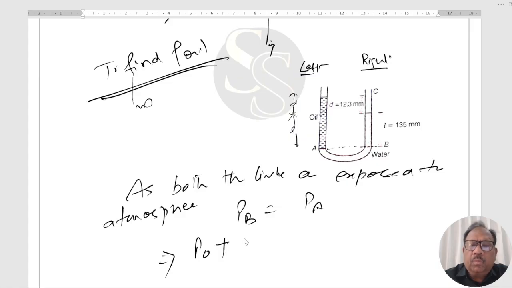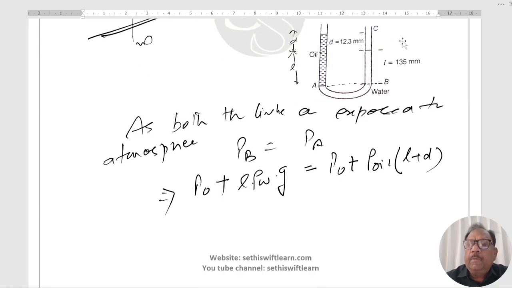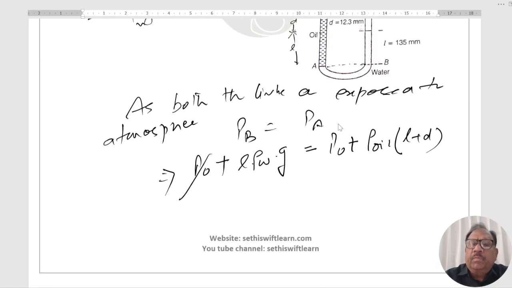PB comes out to be H rho G. This is L, rho water into G. That comes out to be, P naught atmospheric pressure plus density of oil, and this height comes out to be L plus D. Right? We can ignore atmospheric pressure here also because both are exposed to the same pressure.